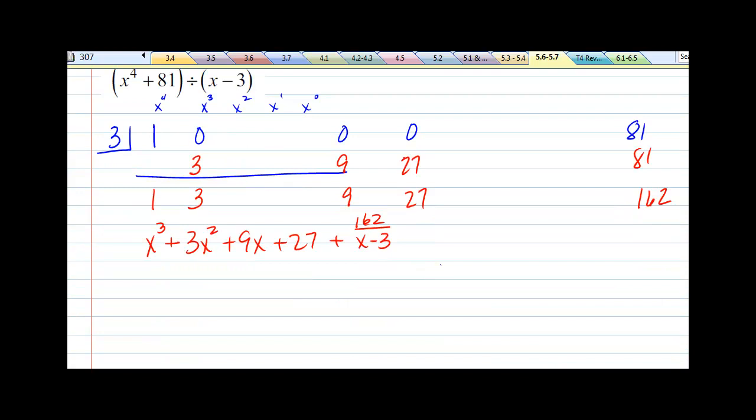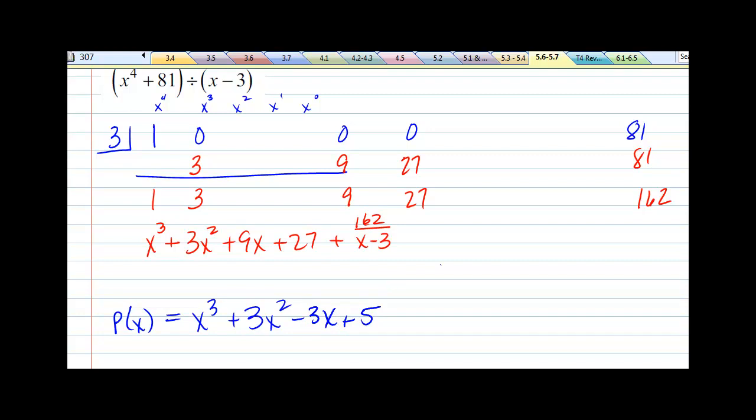Let's say that I wanted to write a polynomial p of x is equal to x cubed plus 3x squared minus 3x plus 5.